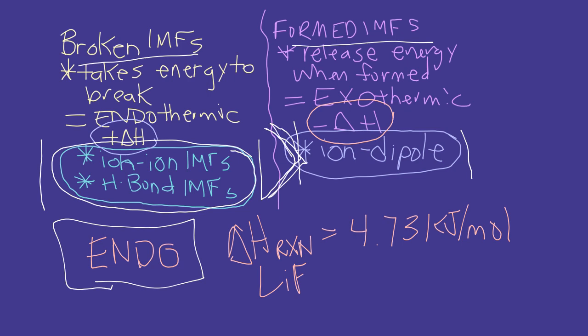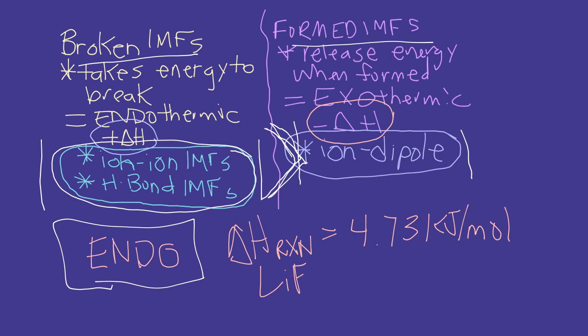If you had a reaction that was exothermic, which in this case it's not, it would be the opposite. The ion dipole value, the absolute value, would have to be greater than the ion-ion and the hydrogen bonds, because if it's exothermic, the exo factor has to be bigger, so that in total you get a negative value. And so this will get applied to several AP problems.